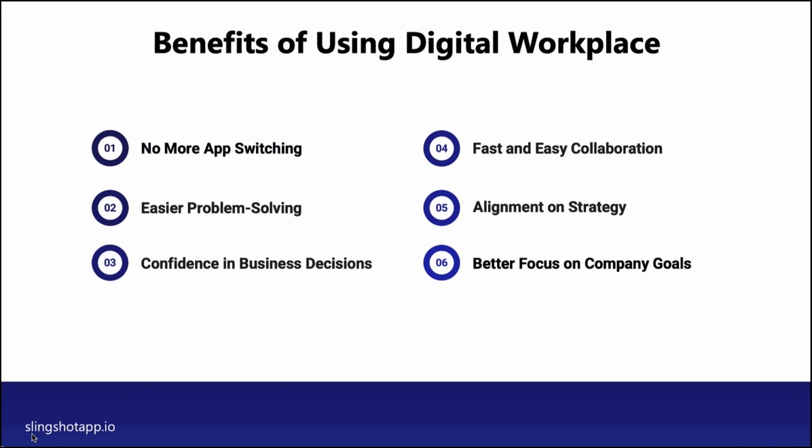Those things really need to be seamless so that where you're working, you're also collaborating. And then with all of those things combined, you're delivering aligned strategies. You're better focused on company goals when everything, files, content, chat, projects, data, everything is in the same place that you're tracking the success of your business.